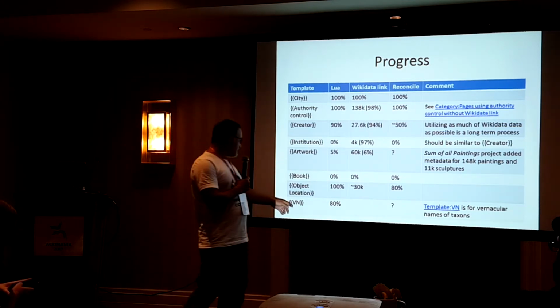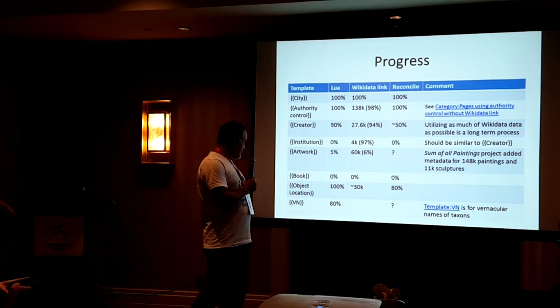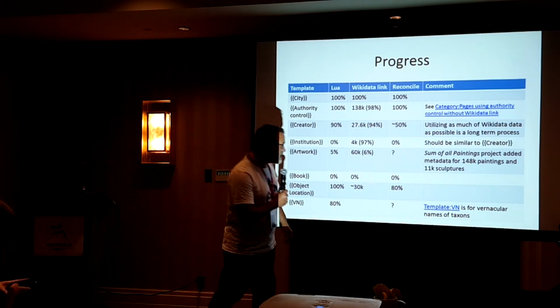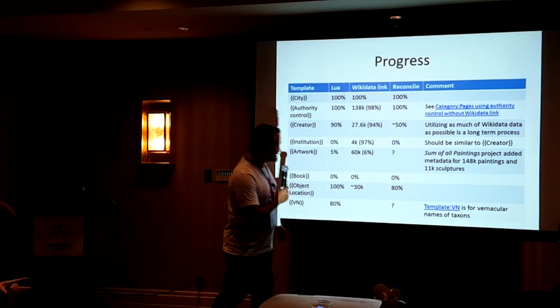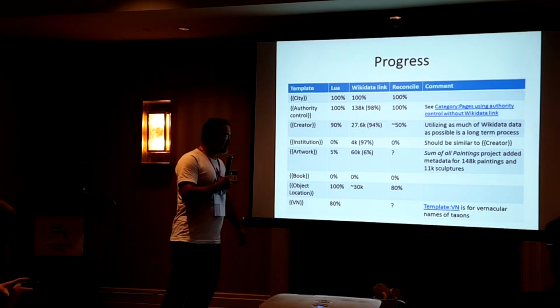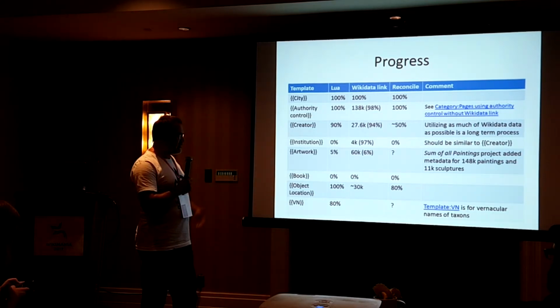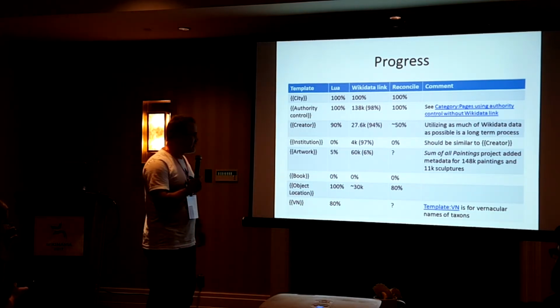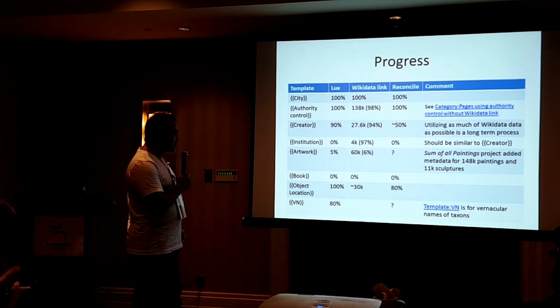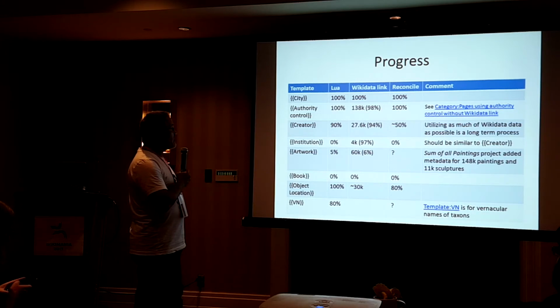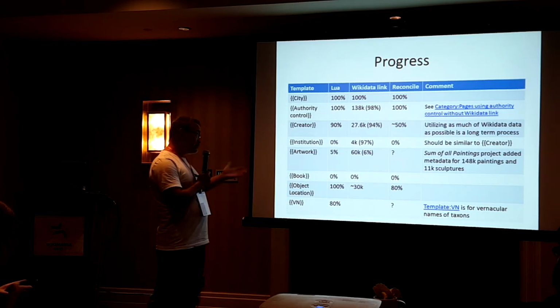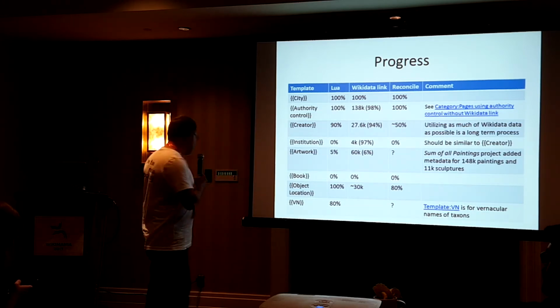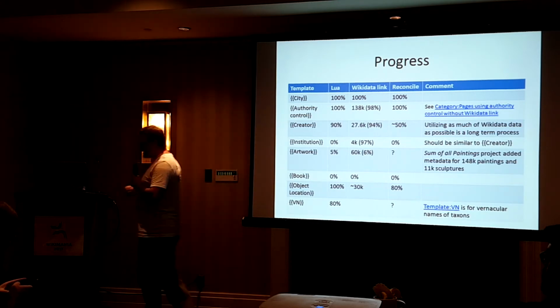Also, there is a template VN, which stands for vernacular names. It's common names for critters and different organisms. That one has also started using Wikidata to fetch them, but I'm less familiar with that effort.